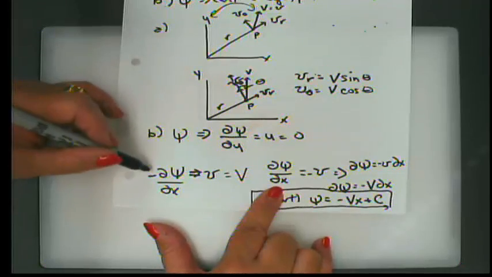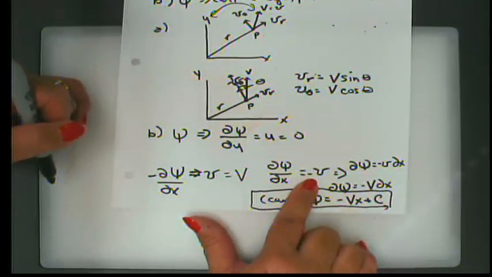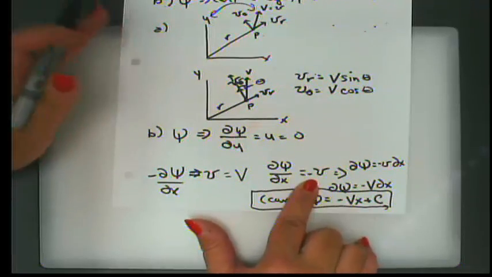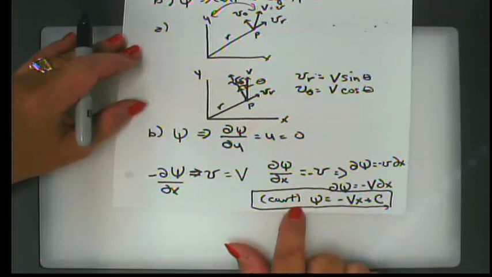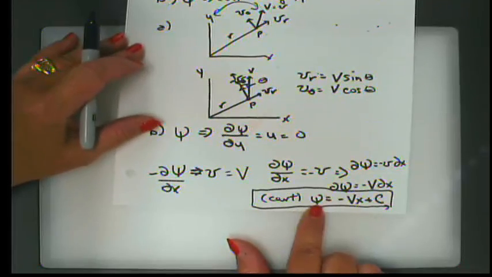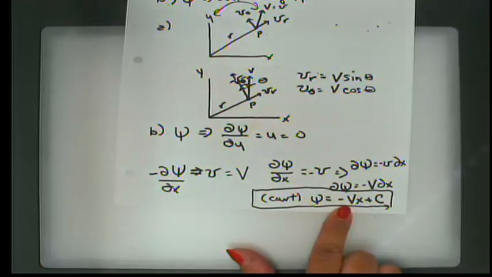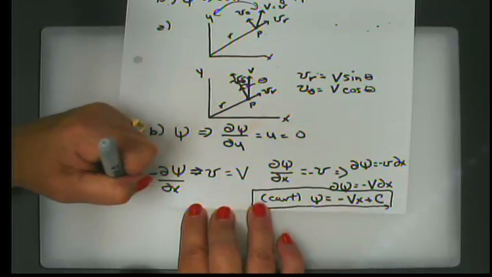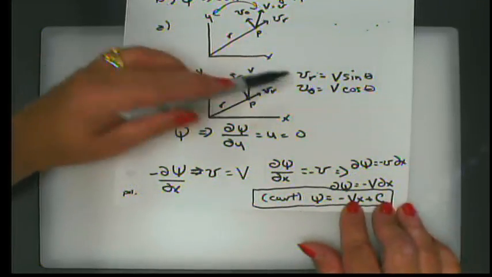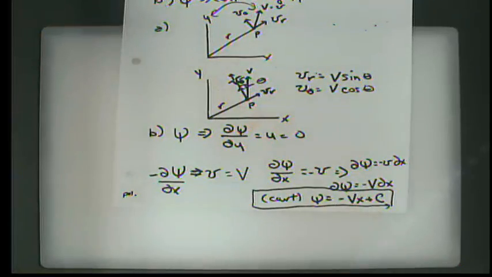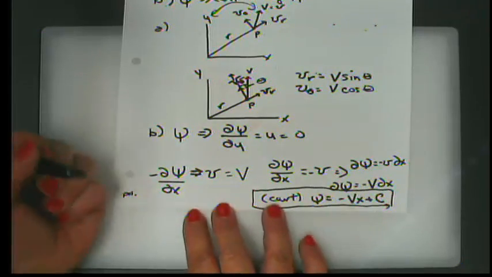So if we take del psi del x, set it equal to negative little v, which is, of course, capital V in this case, we can then integrate, or take the antiderivative, and in Cartesian coordinates express psi as equal to negative Vx plus c. Now in polar coordinates, using this relationship only with x, we know that x is going to be equal to r times the cosine of theta.